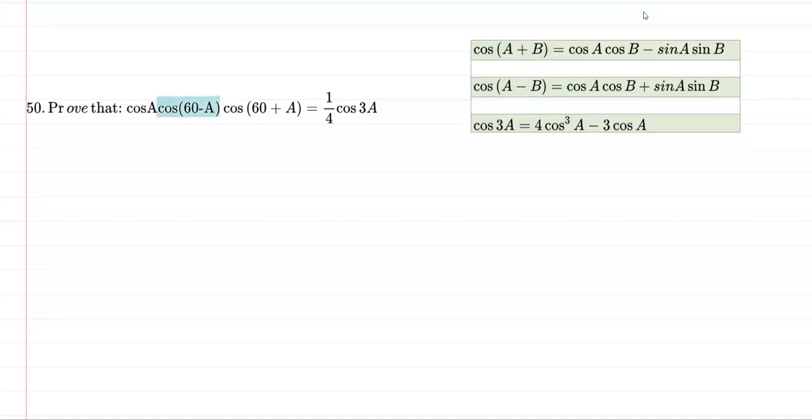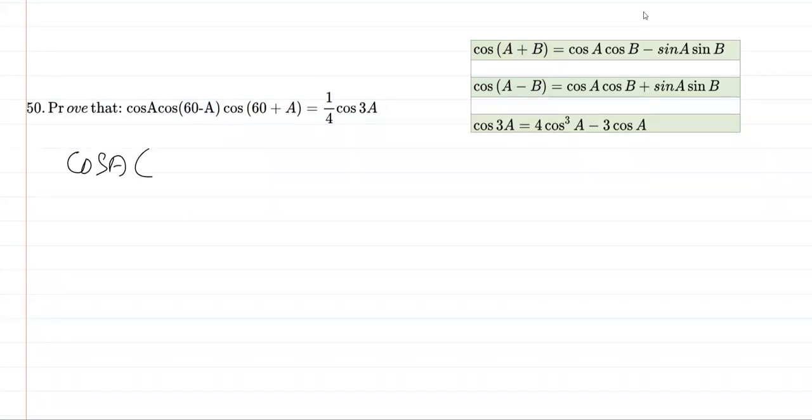As you can clearly see, this is cos(A minus B), and over here, this is cos(60 plus A), which will be expanded using this identity. So if I expand this LHS, cos A is as it is.